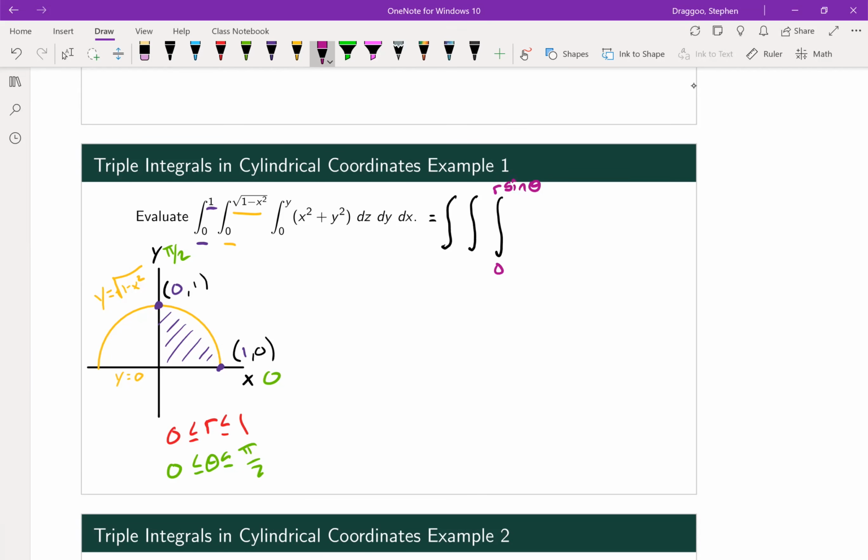We just saw that r goes between 0 and 1, and theta is between 0 and pi over 2. We can replace our inside function, x squared plus y squared, that's just r squared, but then we'll multiply by dV, which should again be r times dz dr d theta.